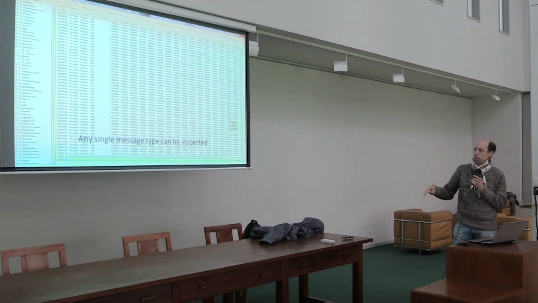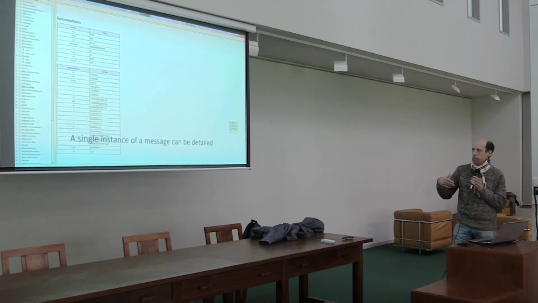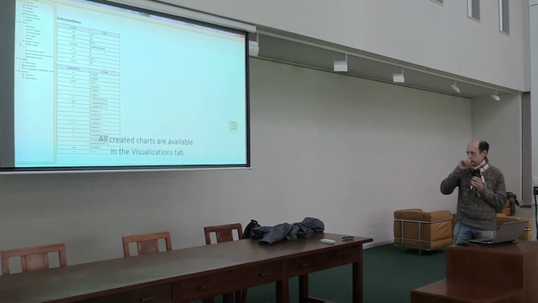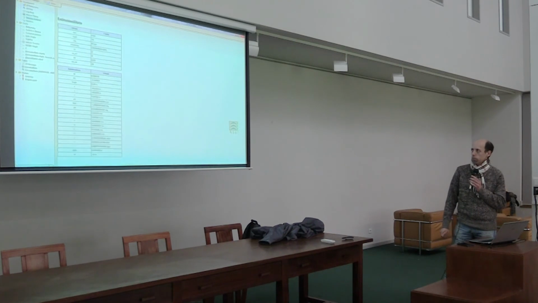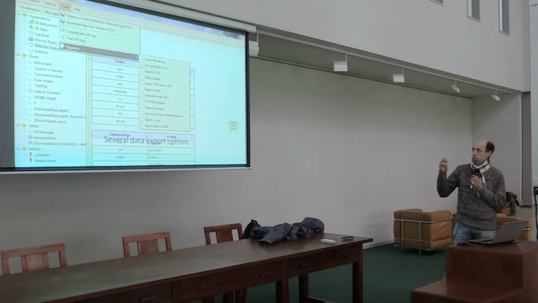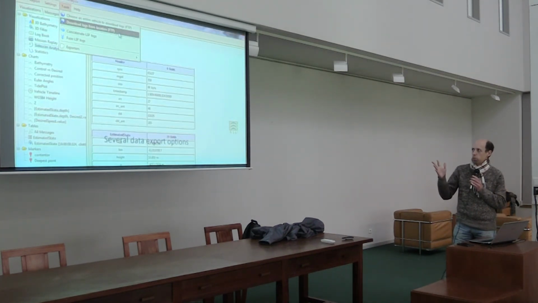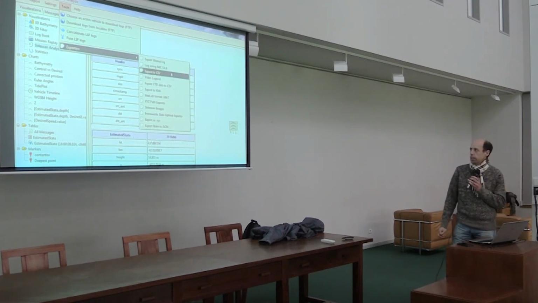You can also depict the messages in a table, so you can inspect all the data individually. So you can inspect each IMC message, and all created charts are available on the visualization tabs. You can also export this data to MATLAB if you want, and to KML, so Google Earth.